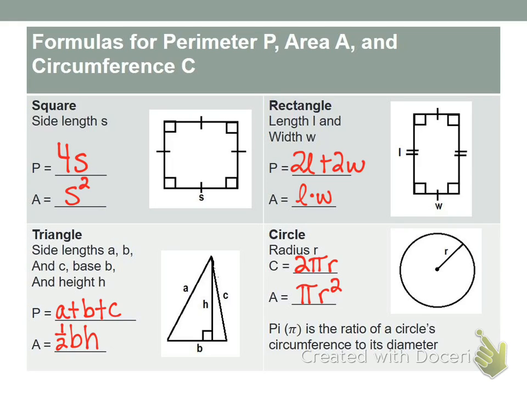Also, down at the bottom, we've got to note that pi is the ratio of a circle's circumference to its diameter, which is not labeled in this diagram. Does anybody know what diameter is? Isn't that like across the middle? It's across the middle, so it goes through the center. So it would be like if we took the radius times 2.